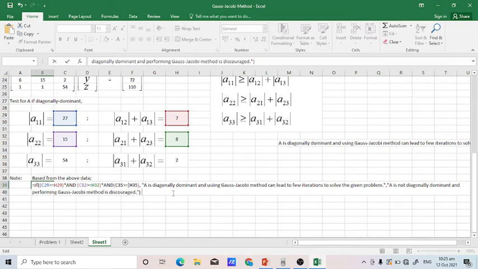What happened? A is not diagonal dominant and using Gauss-Jacobi method can lead to few iterations of the given problem. Check natin.